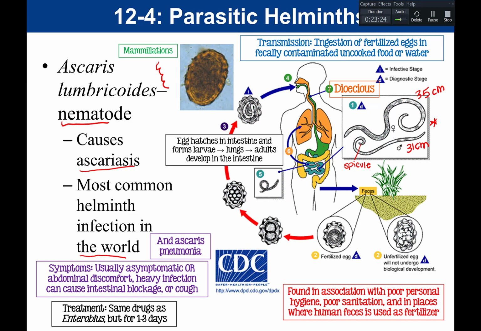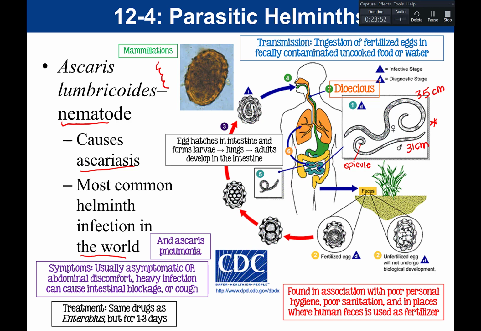The egg is going to hatch in the intestine and develop into the larvae, the juvenile stage. That larval stage is going to burrow out of the small intestines. It's actually going to make its way through the small intestine and into the peritoneal cavity, and it's going to penetrate the lungs. It's going to develop in the lungs for approximately 10 to 14 days.